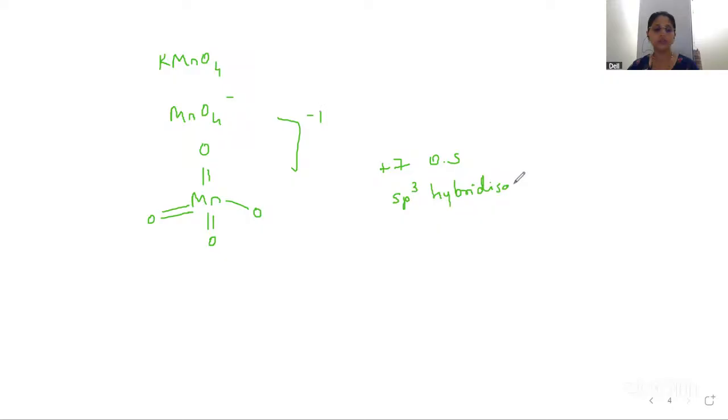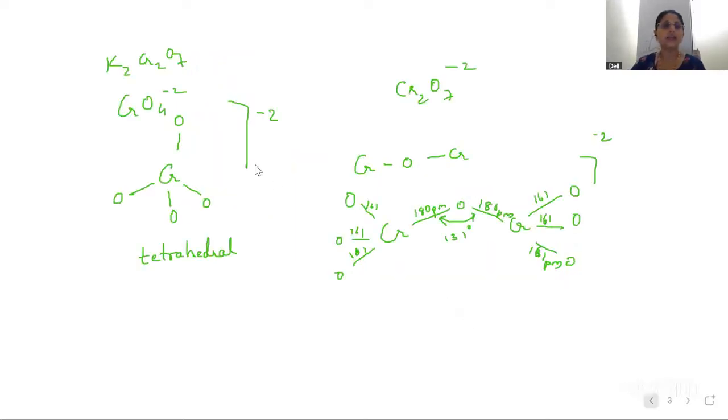It is used as an oxidizing agent. It is used as a disinfectant against various disease-causing germs. It is used for sterilizing wells of drinking water. Dilute alkaline KMnO4 solution is known as Bayer's reagent.